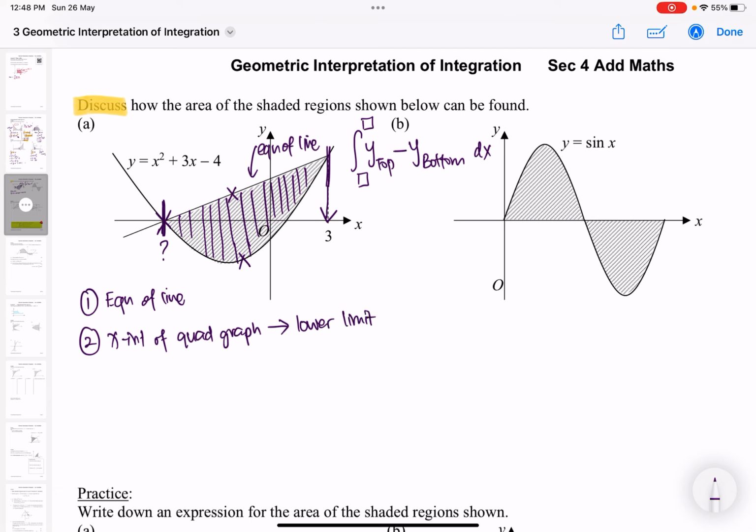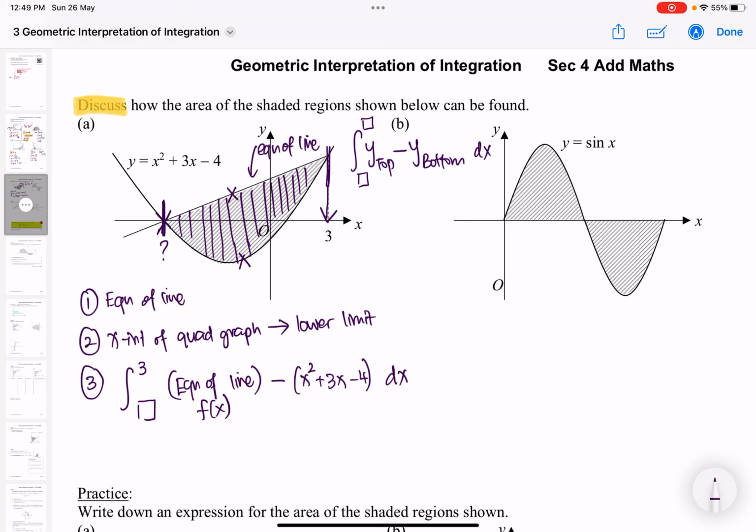Okay, so once I find these two pieces of information, I can find the area. So the lower limit is to be found, the upper limit is 3, and then I'll be taking the equation of line. So let's say the equation of the line is given by f(x), then I will subtract the equation of the curve. Then this I will be integrating with respect to x. So that will give me the shaded area.